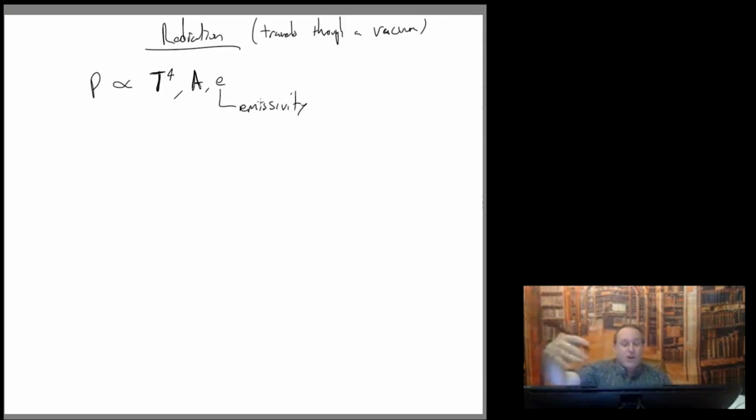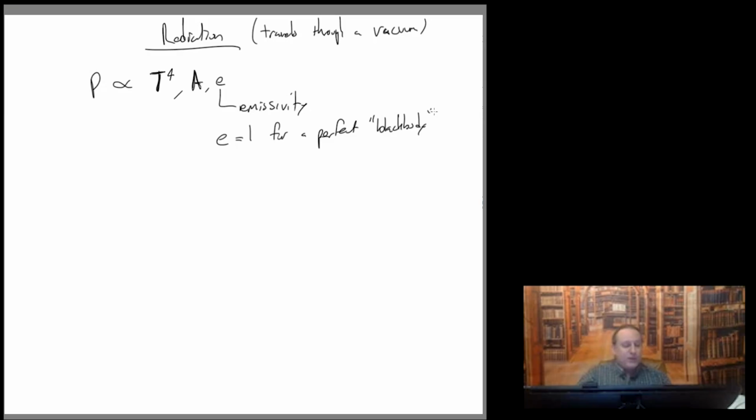So things that are good emitters are things that are good absorbers of light. The best absorber of light is something that's black. It means it absorbs all colors. So the emissivity is equal to 1 for a perfect, what's called a black body. Think of a piece of carbon, like charcoal or graphite.